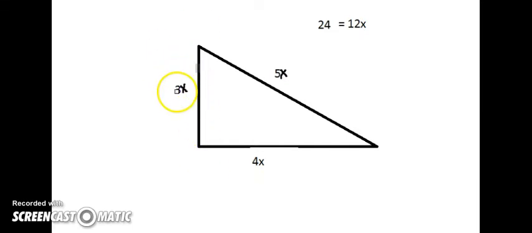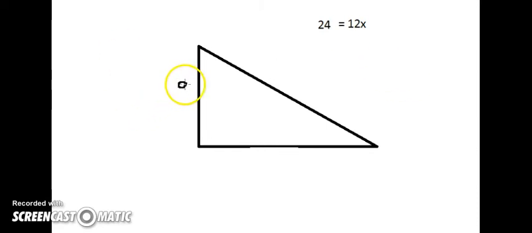And it doesn't necessarily have to be 3, 4, and 5. It can be multiples of 3, 4, and 5. So, for instance, 6, 8, and 10, because that's 3 times 2, 4 times 2, 5 times 2. 6, 8, and 10 would work.